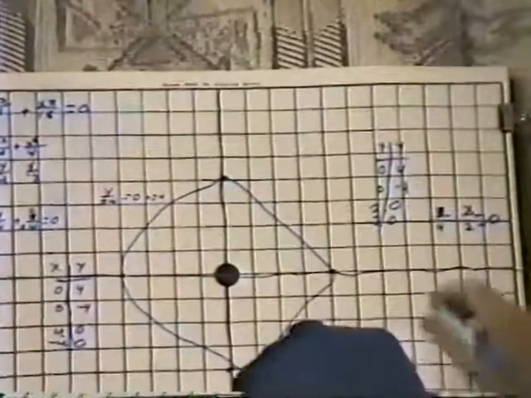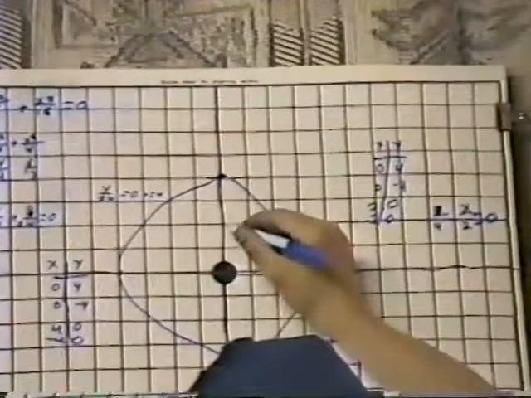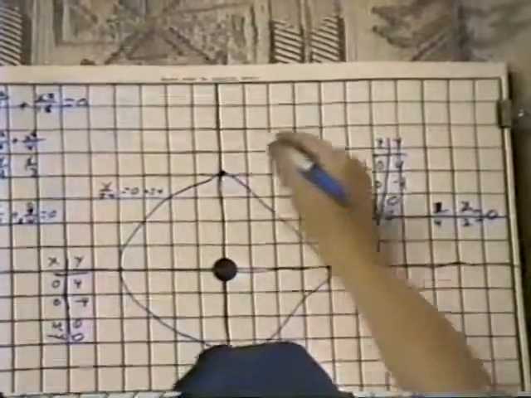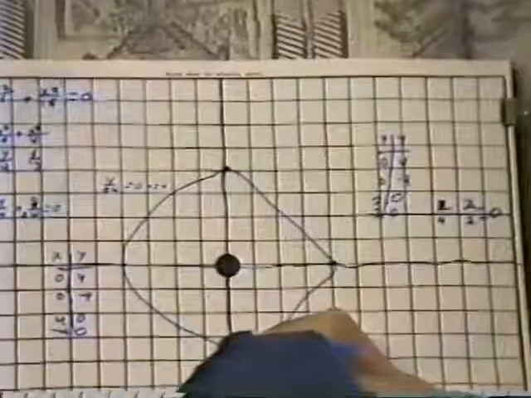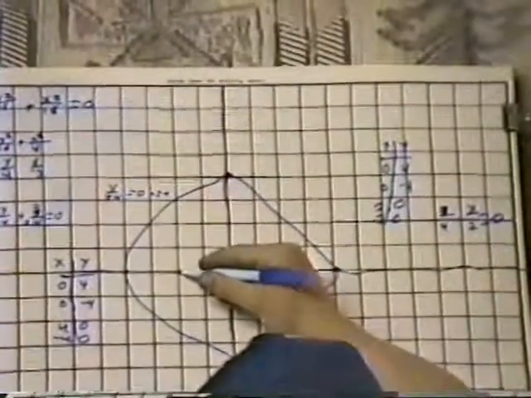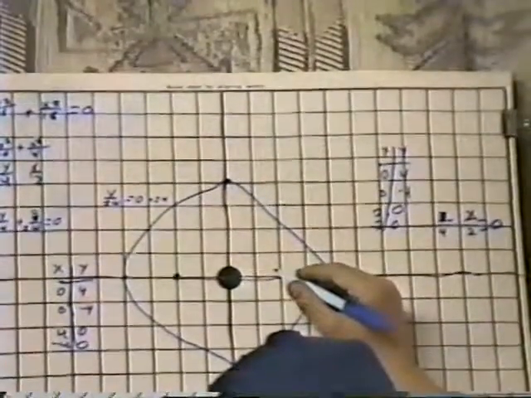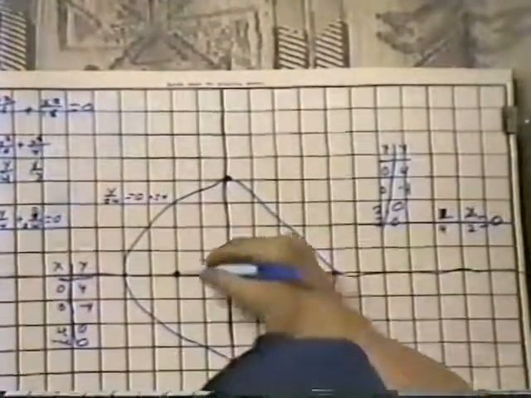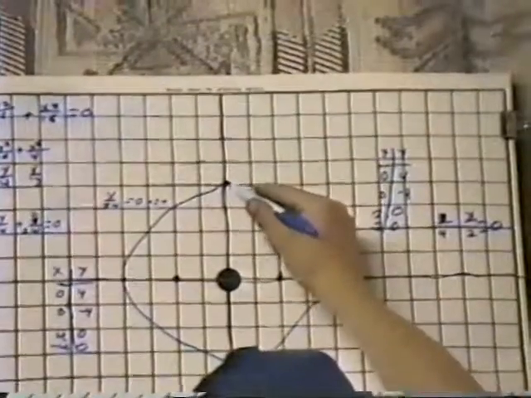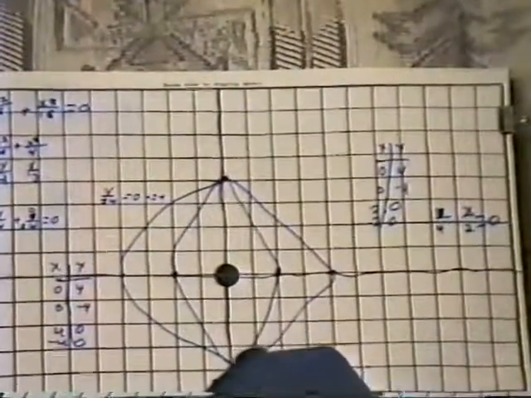Now to plot these, when x is 0 and y is 4, 0, 1, 2, 3, 4, same place, and the same place on the bottom. And when x is 2 and y is 0, goes right there, and negative 2 and 0, which are these 2 points, then you draw that. And there is the ellipse.